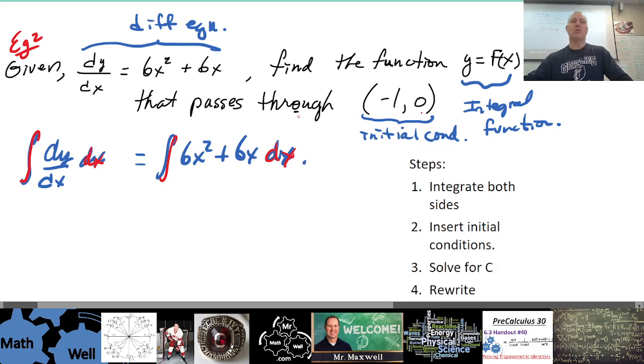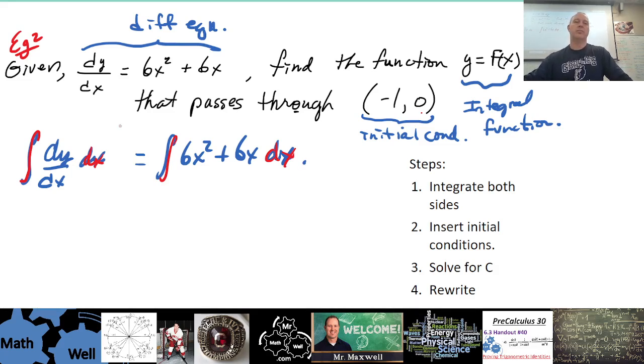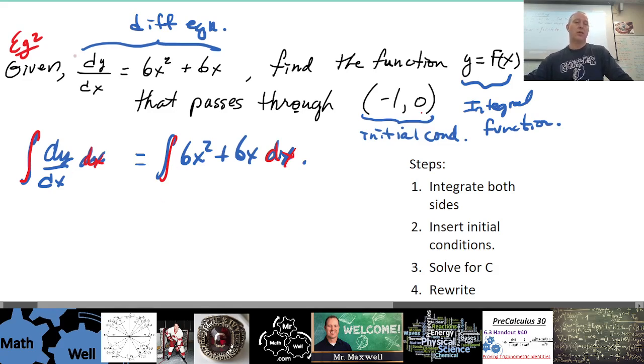Okay, don't cut too many corners here. Show that integral that you're actually integrating both sides. Now the integral of a derivative just gets our y value back, so y seems to be the function there. Now this, I take the antiderivative here, so that's going to be 6 over 3 x cubed plus 6 over 2 x squared plus c.